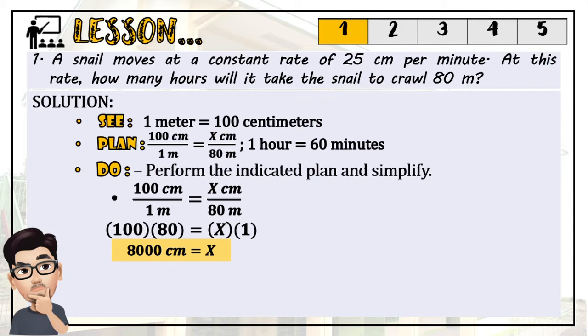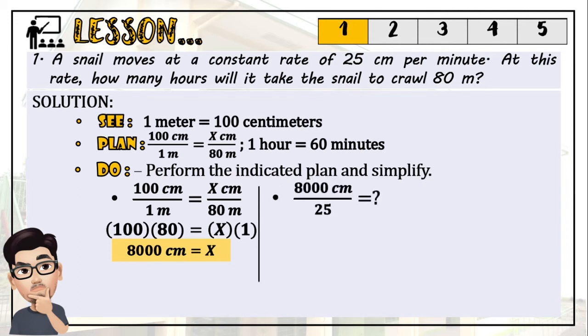Meaning, we converted 80 meters to centimeters, which led to 8,000 cm. Okay, which means the snail crawls 80 meters, and then we converted it, it became 8,000 centimeters. Now we are one by one satisfying the cm per minute.